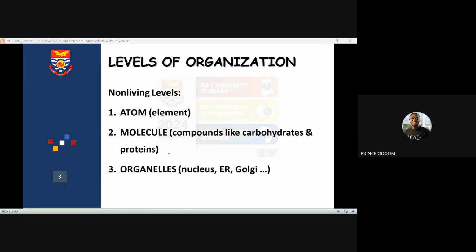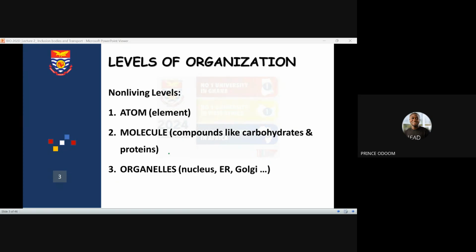So it means that the cell starts from an atom. Then we come to the molecule. So what's a molecule? Today we'll do a lot of talking, so that it helps you to revise your chemistry as well. When we say a molecule, what comes to your mind?